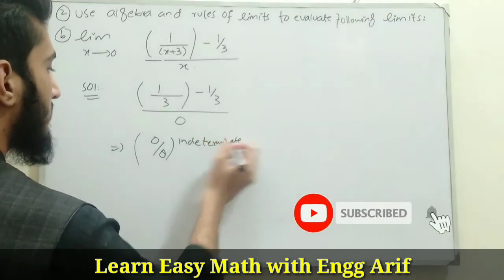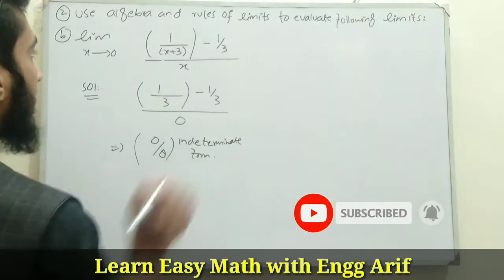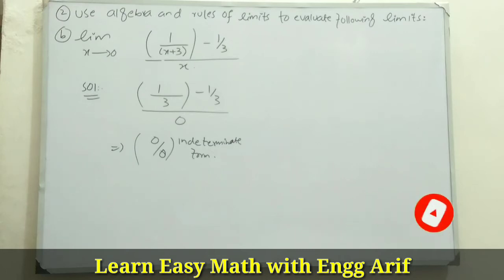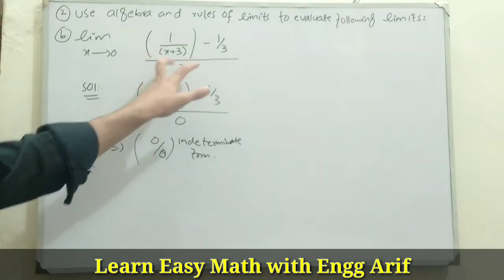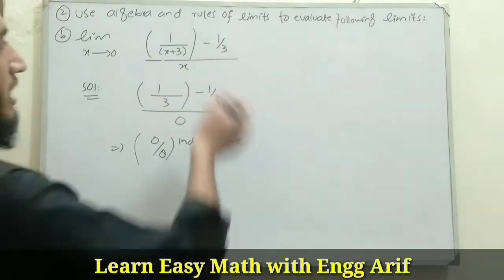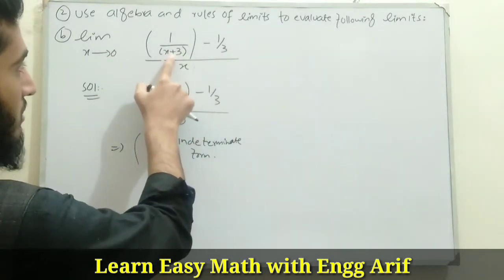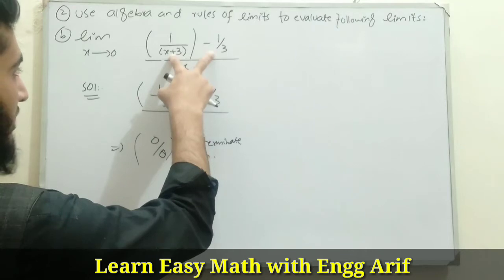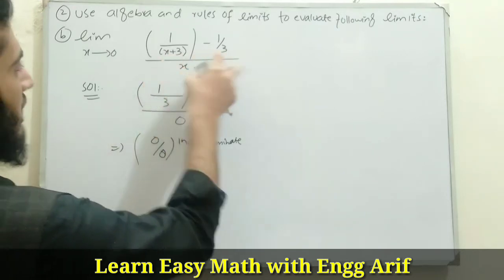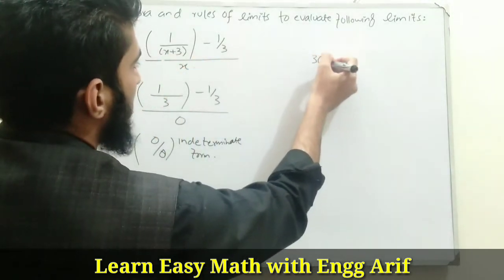Indeterminate form. So when indeterminate form comes, we will take the LCM of the given 1 over x plus 3 minus 1 over 3. The LCM will be the product of the denominators of these two fractions. So x plus 3 and 3, multiply them with each other, it becomes 3 times x plus 3.